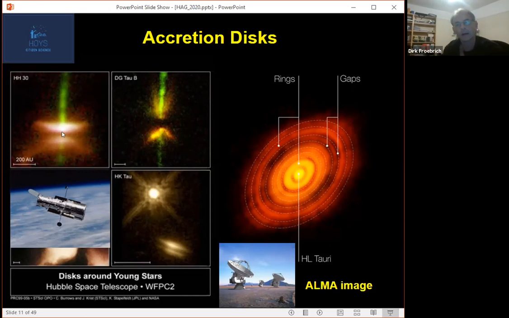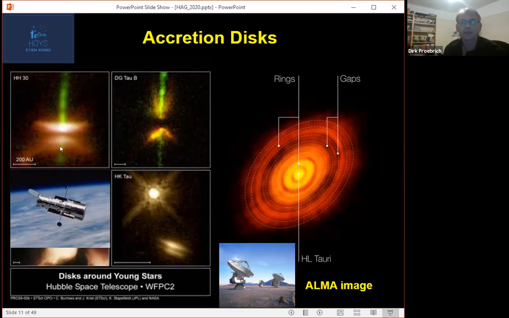That's why this shadowed area looks like this. And the light from the star will basically bounce off the surface of these disks and then towards us as the observers. And that's why you see these two bowl-shaped scattered light pictures. So the white light here is the scattered light from the star that is hidden basically behind the midplane of the disk.